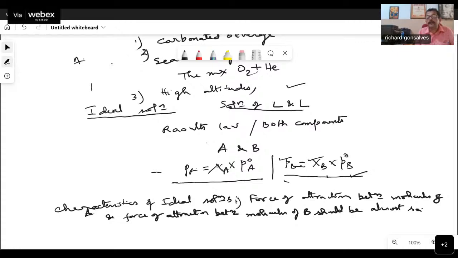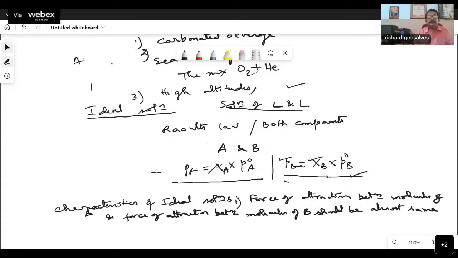I will explain this way. If there is a force of attraction between A and A, B and B, that should be equal to A and B. Now let us take, you have two solutions, benzene and toluene. Force of attraction between molecules of benzene and force of attraction between molecules of toluene should be equal to force of attraction between molecules of benzene and toluene. That should be the condition.